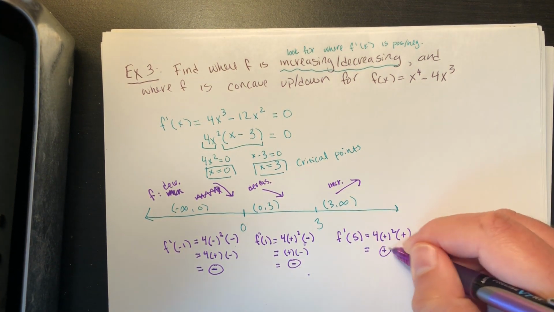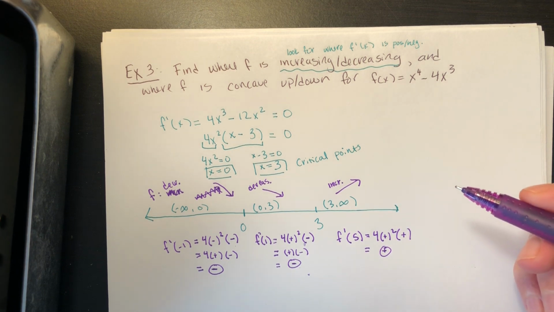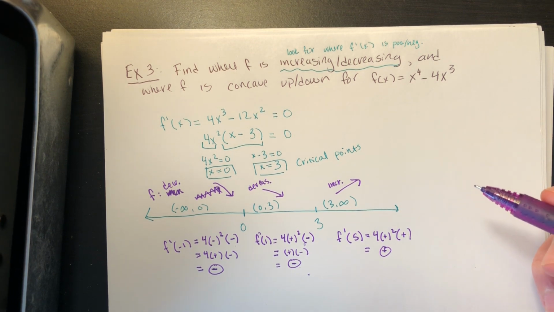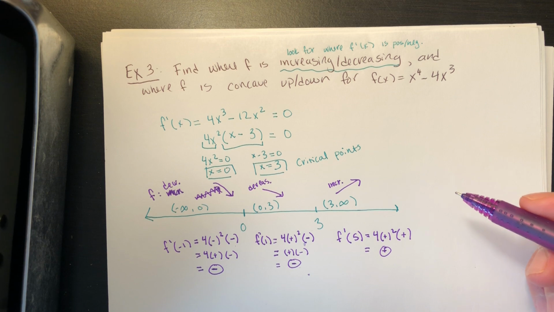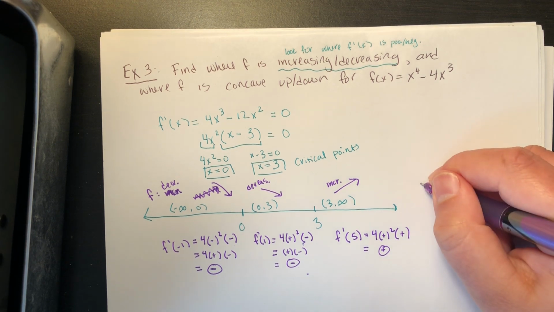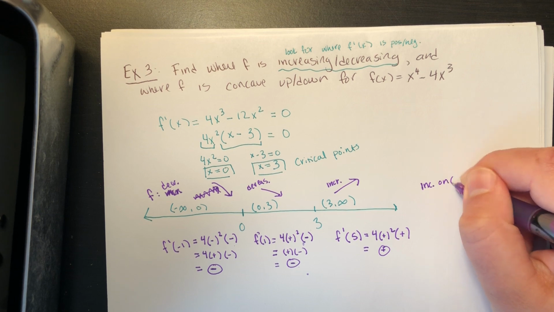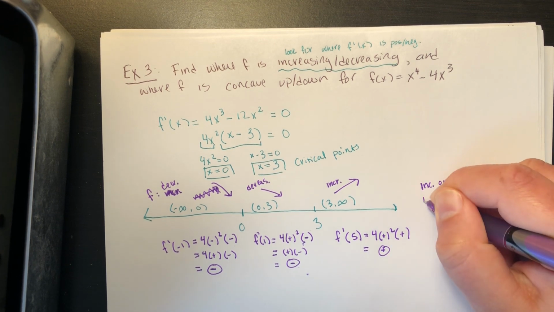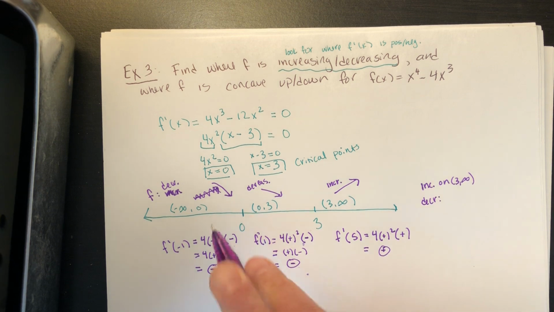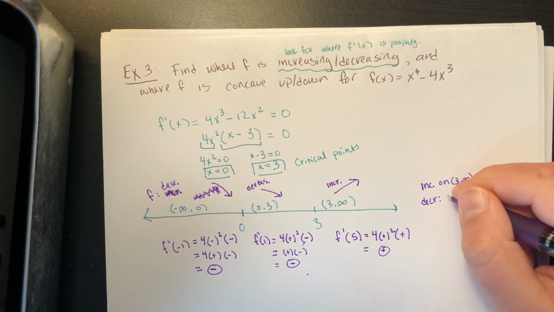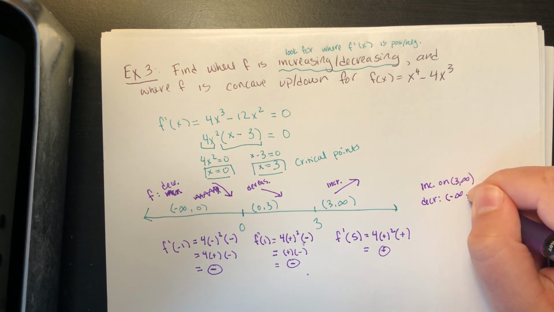When the derivative's positive, the original function is increasing. Oof, okay, cool. So now I know where my increasing and decreasing intervals are. f is increasing on the interval 3 to infinity, and decreasing on those first two intervals, so we could put these together into one big interval and say negative infinity to 3.